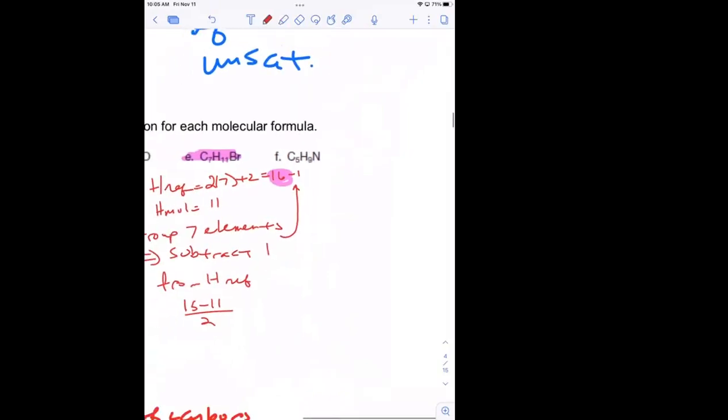I'm going to subtract 1 from H rep, which was 16. That's going to be 4 over 2. So the degrees of unsaturation for that formula is 2. What does that mean? If I have 2 degrees of unsaturation, what does that mean?